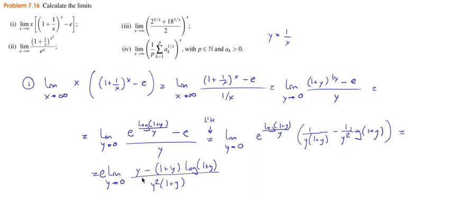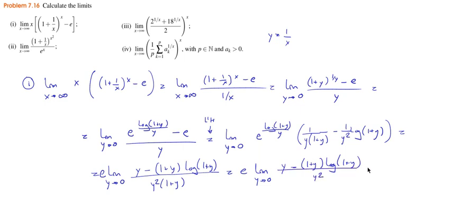And now let's see, this is 0 minus 0 divided by 0 again. Sorry, we can get rid of the 1 plus y, because the limit when y goes to 0 of 1 plus y is 1, so this is y minus (1 plus y) times the logarithm of 1 plus y, divided by y squared, right?